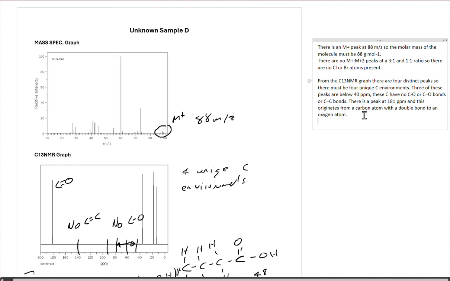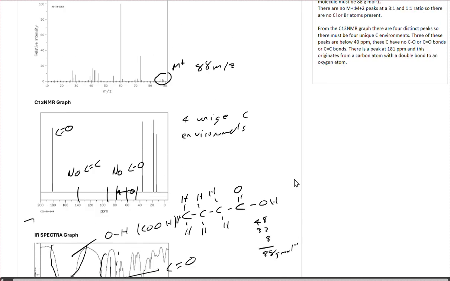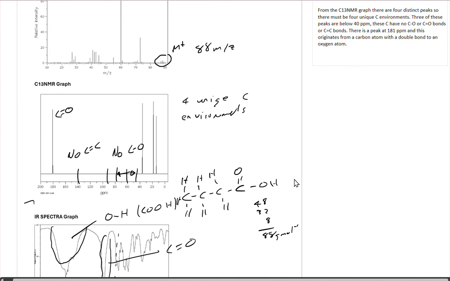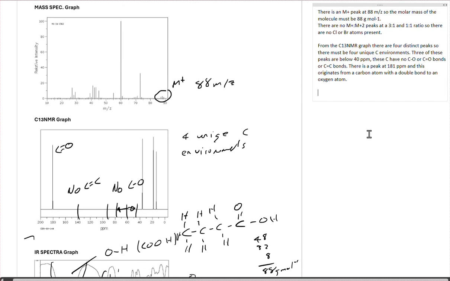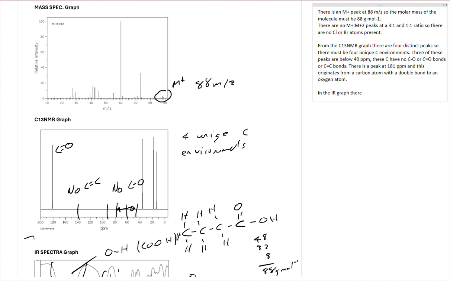Okay, so next part, what did we find out from this? Right, so we had a broad peak between, let's see, 2,500 and 3,500 in the IR graph. There is a broad peak between 2,500 cm^-1 and 3,500 cm^-1.